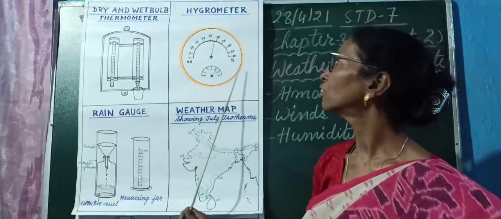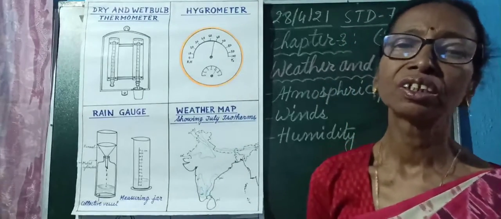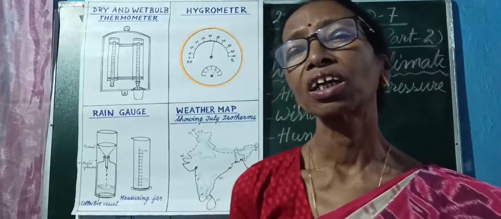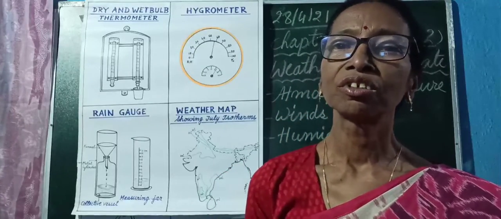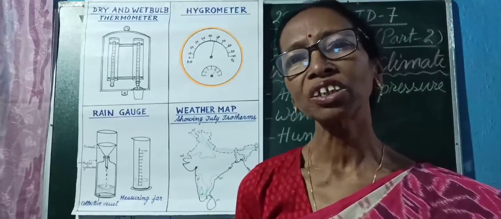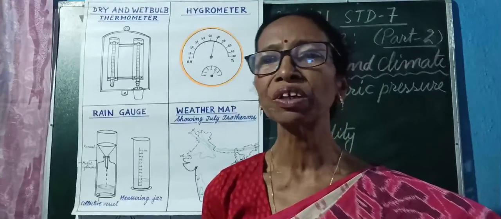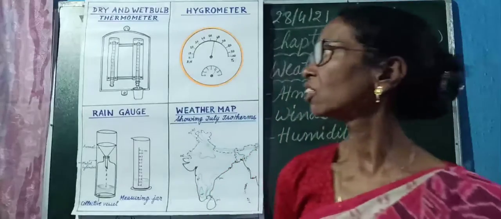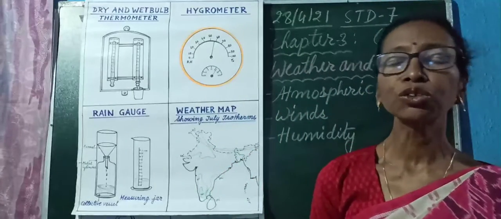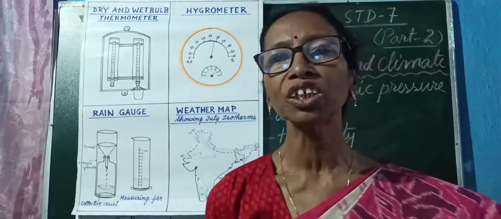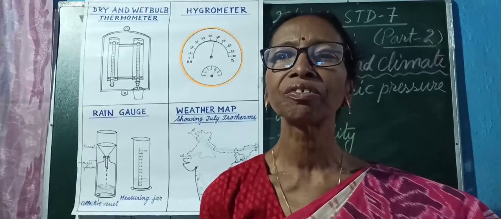And the hygrometer is a self-registering instrument which measures the humidity found in the atmosphere continuously on a graph paper. So, these instruments are useful to measure the humidity present in the atmosphere.